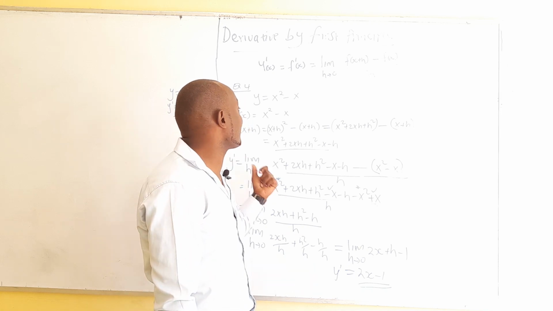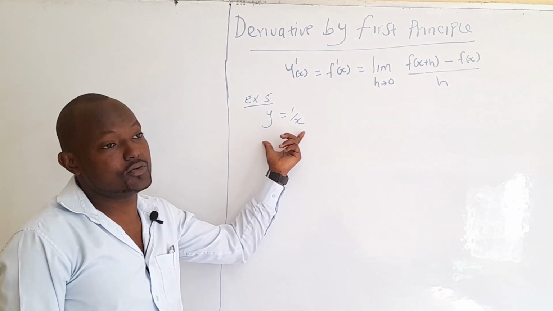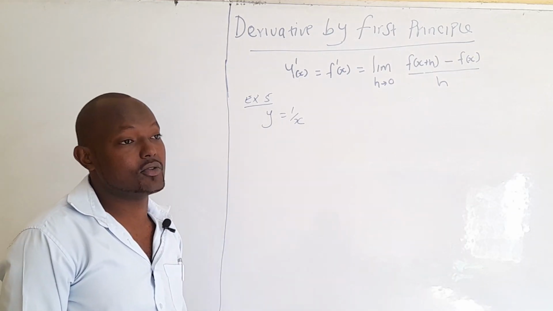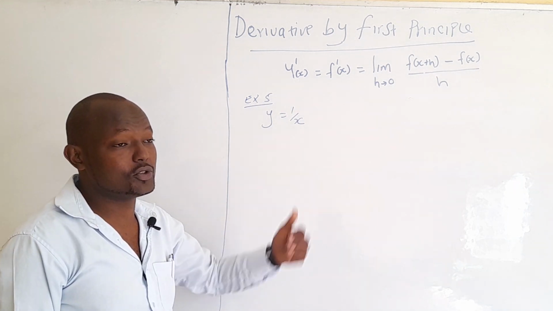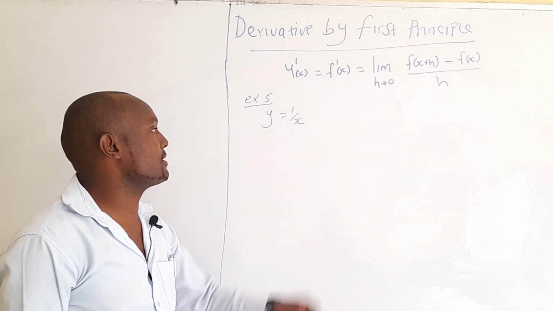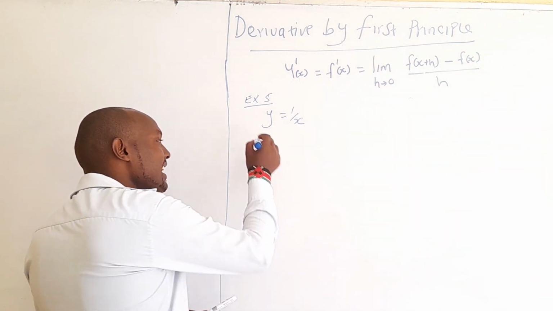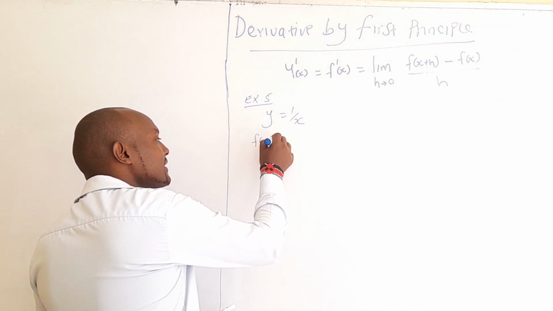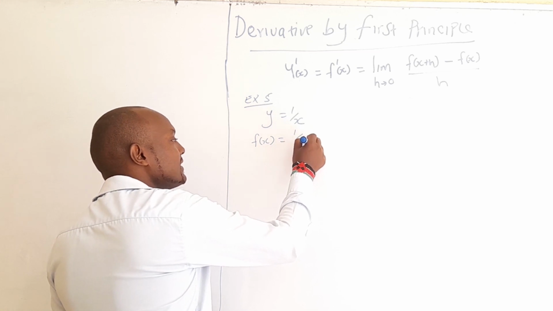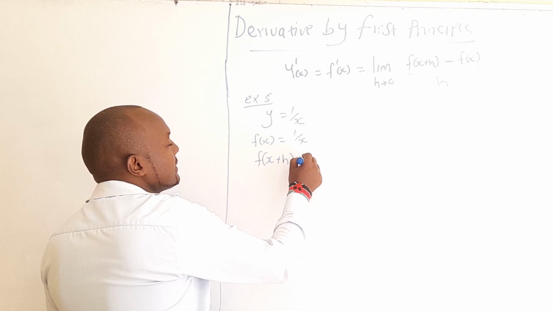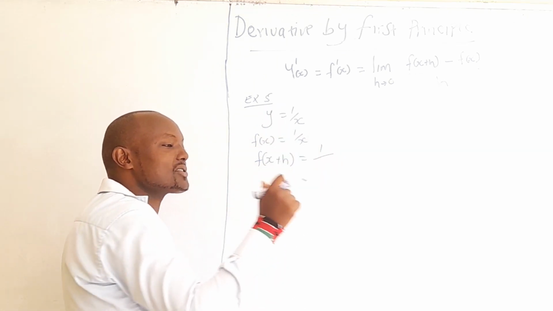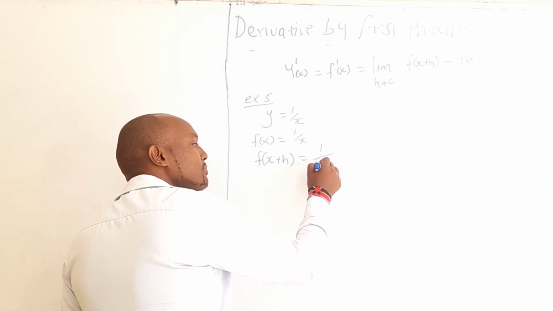Let's proceed to another example where we have our function y is equals to 1 over x. So we are required to solve this one using what we call the first principle. So again, my f of x is 1 over x. My f of x plus h is 1 over, remember we are replacing wherever we have x with x plus h.